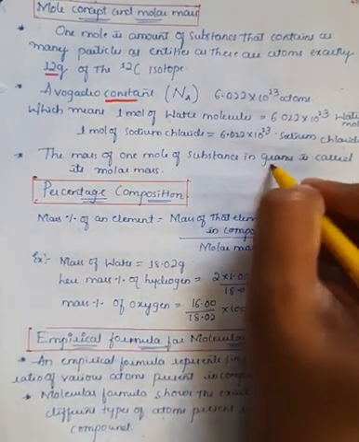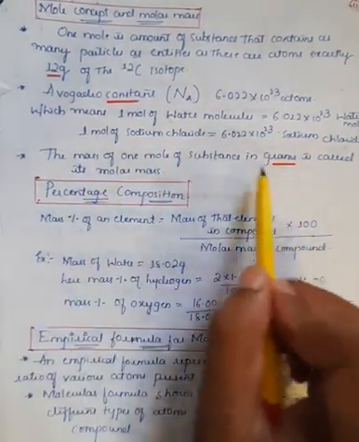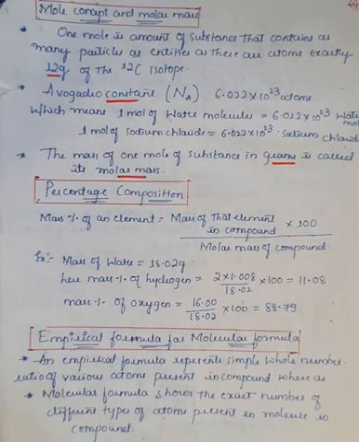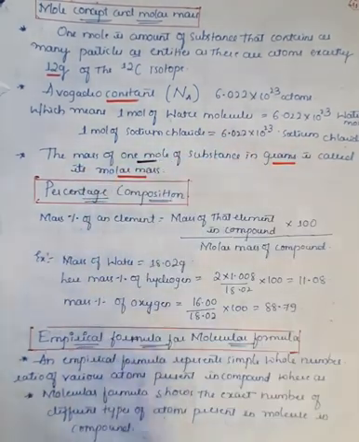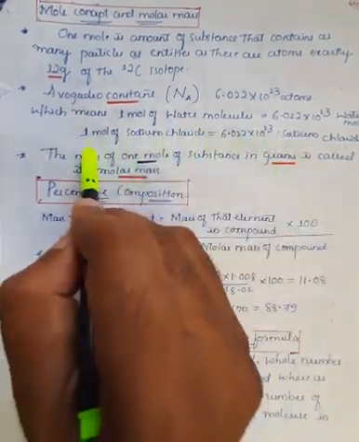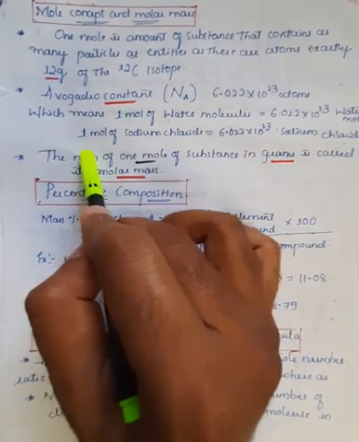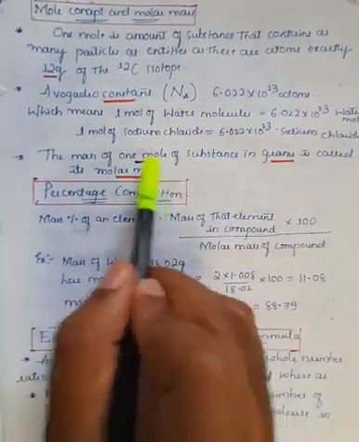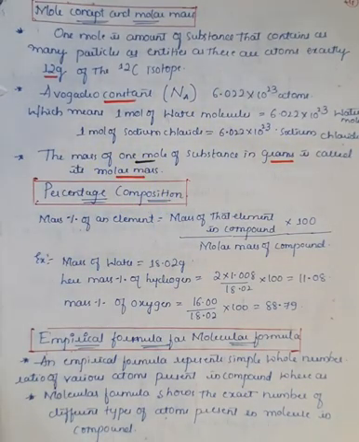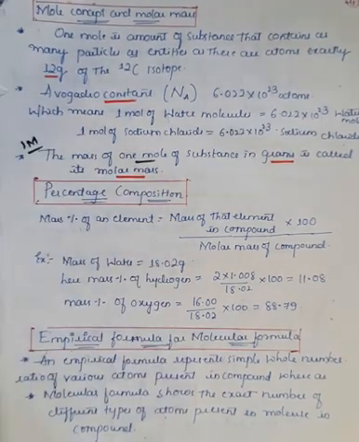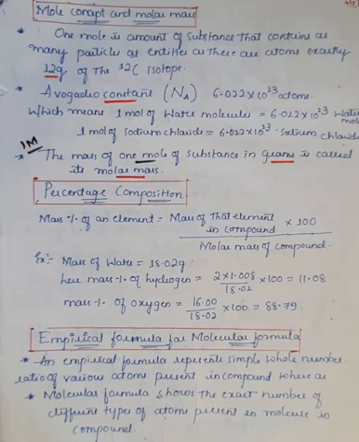Whenever you say it in terms of grams, the mass is given in grams. So if they ask you to define molar mass, write this definition for 1 mark: the mass of 1 mole of a substance in grams is called molar mass.